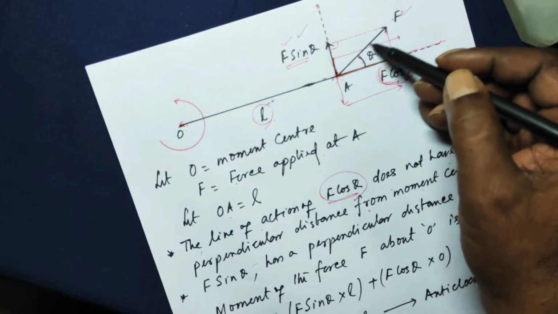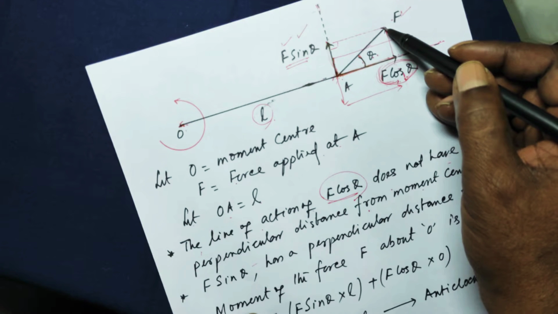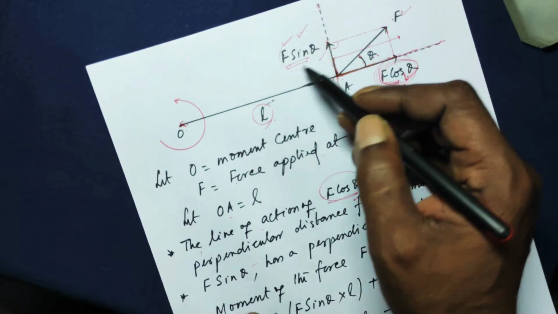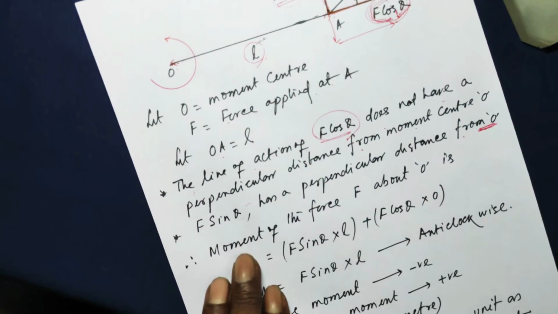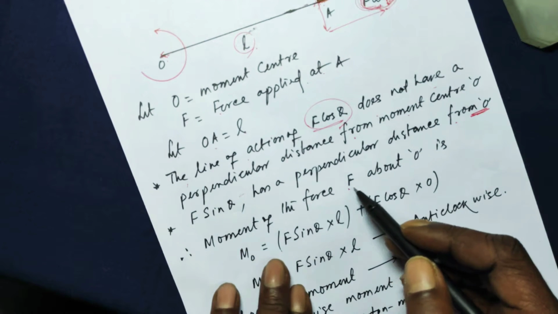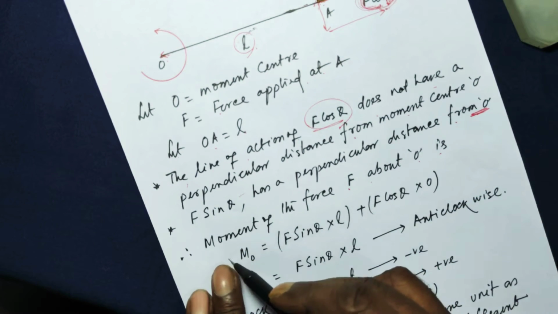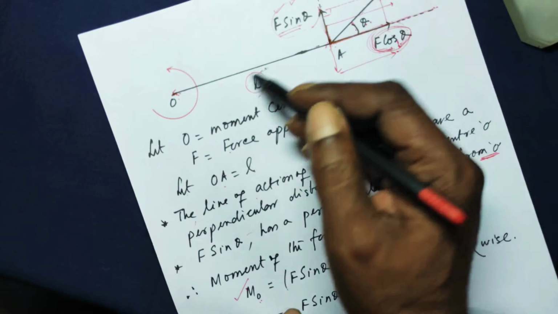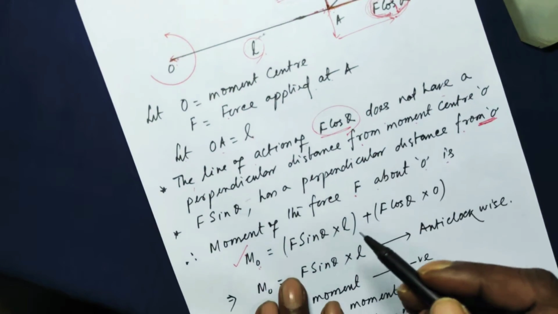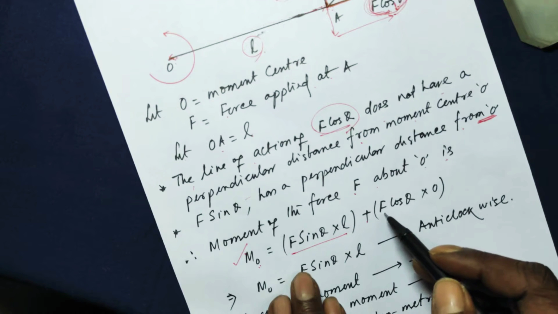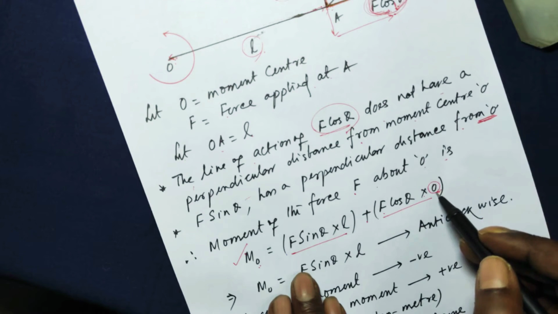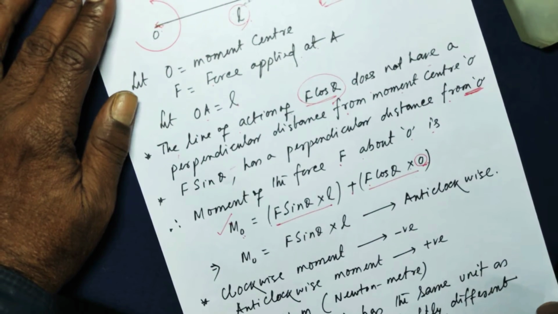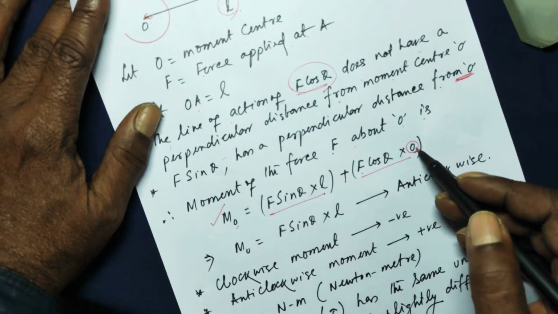Therefore, the overall effect of this F can be considered as the combination of the effect of F cos theta about O and the effect of F sin theta about O. So, the moment of the force F about point O, M_O, will be F sin theta times L, because L is the perpendicular distance, plus F cos theta times 0, because 0 is the perpendicular distance of the line of action of the force F cos theta from the point O. Therefore, I have put it as 0.